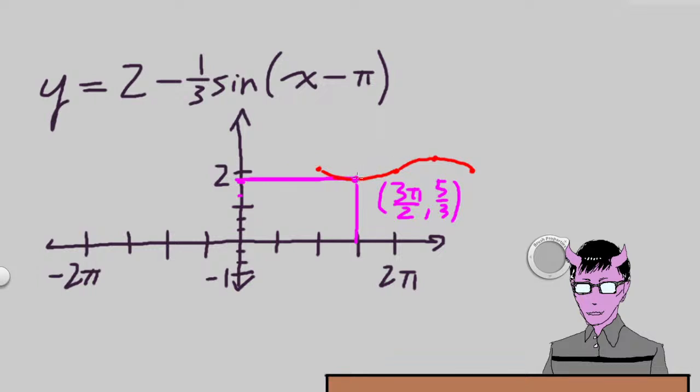So again, starting from this one to the next hash mark over, we should hit the maximum, which is 1/3 above the 2. So that's 1/3 above the 2. If you want to be careful, which you probably should. So next minimum should hit the node, which is right there, and then we hit the minimum for the next one.